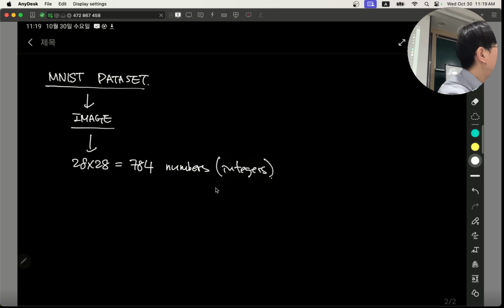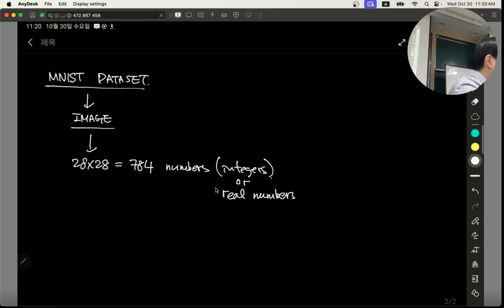By the way, the MNIST dataset images are always grayscale, not RGB, so you only need one value per pixel to indicate the color, from 0 to 255. So you have 784 integers ranging from 0 to 255, but you can imagine that this can be rescaled to a real number between 0 and 1 by dividing by 255. So you can also think about this as real numbers.